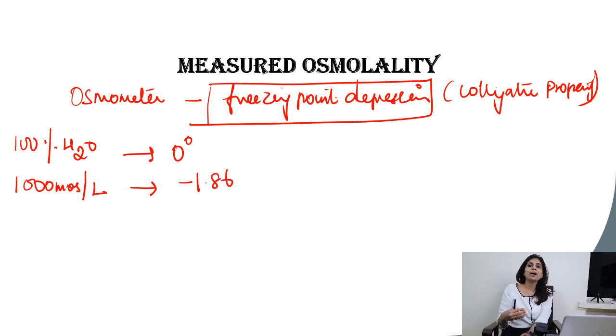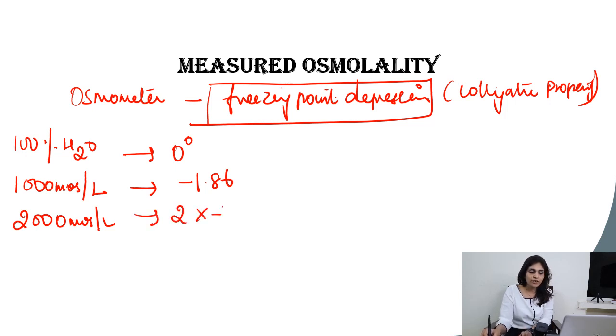Irrespective of whether you add 1 osmole of sodium or 1 osmole of chloride or 1 osmole of a combination of sodium and chloride, that 1 osmole solution would always freeze at minus 1.86. Now you add 1 more osmole to the same solution, which means the resultant solution's osmolarity is 2000 milliosmoles per liter. And that solution freezes at 2 into minus 1.86.